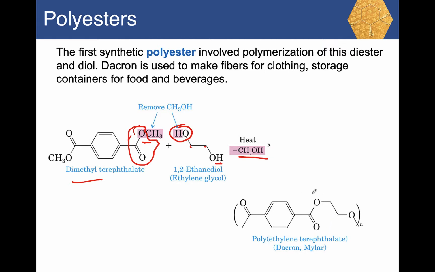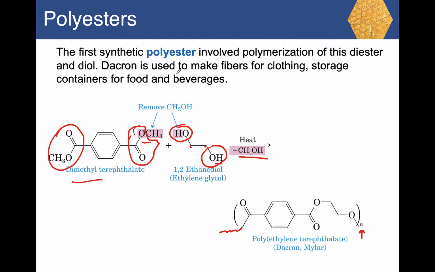So here we go. This is a transesterification. And of course, as you can imagine, here's another ester functionality and here's another OH. So the reaction keeps going, and that's why we have this line here. And n means that we have many of these units, and that's why it's called a polymer.